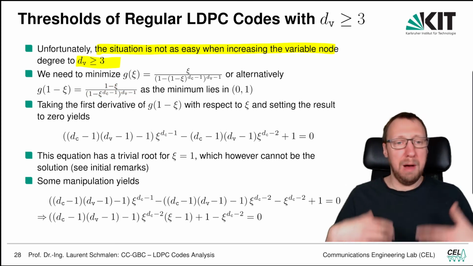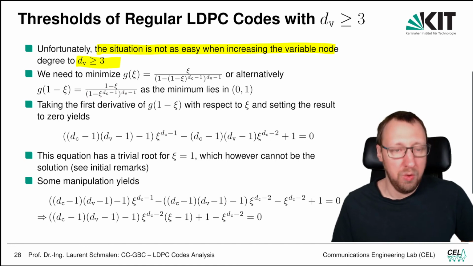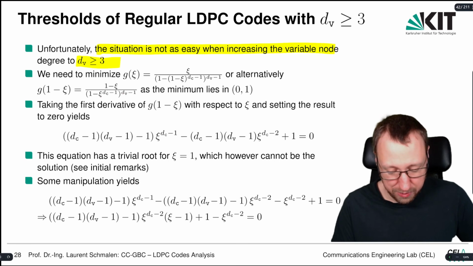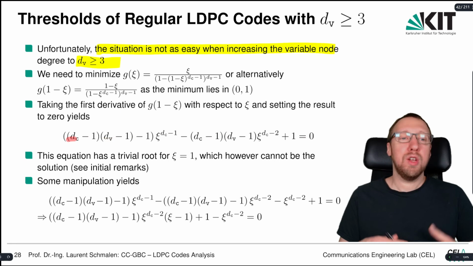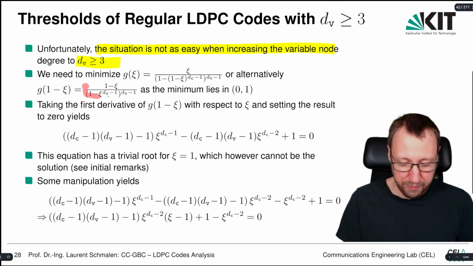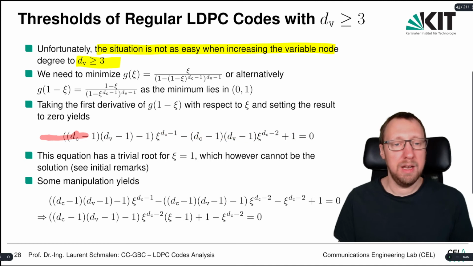Then if you multiply this and factor out everything, what you get when you set the result to 0 is this expression. So this is a good exercise. Try to take the derivative of this, set it to 0, and see if you come up with the same expression. If not, we can discuss this in the discussion session.